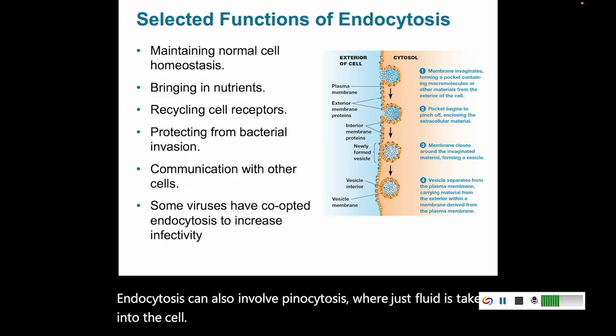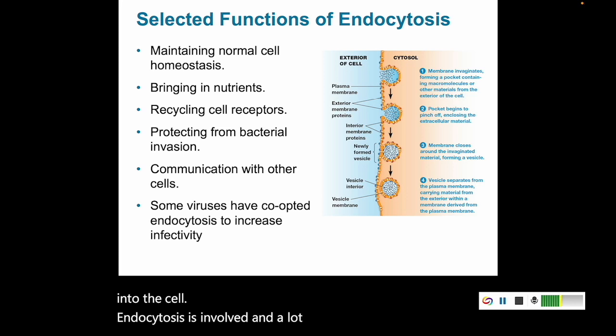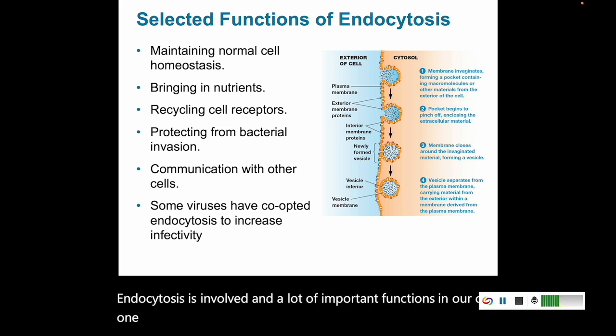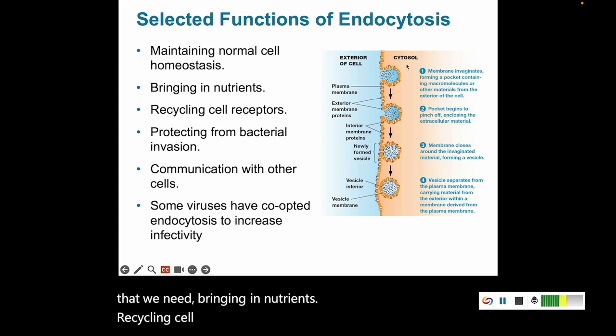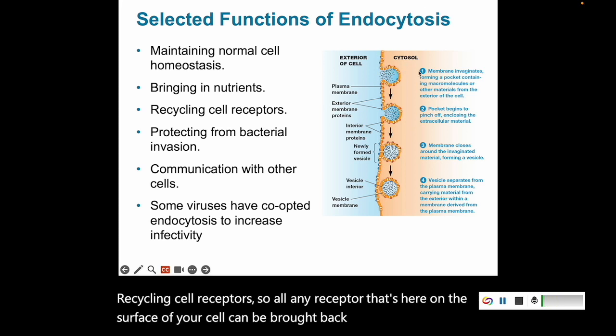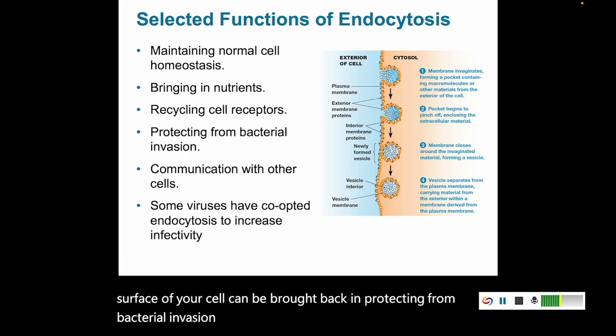Endocytosis is involved in a lot of important functions in our cell. One is maintaining normal cell homeostasis: bringing in products that we need, bringing in nutrients, recycling cell receptors, so any receptor that's here on the surface of your cell can be brought back in. It also protects from bacterial invasion by phagocytosis of your white blood cells, and is involved in communication with other cells.